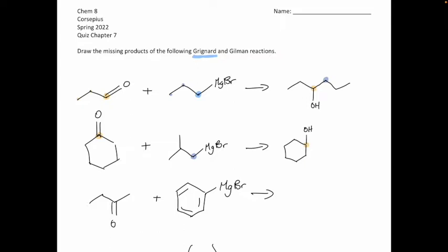Then I'm going to draw in my new bond. This would be the carbon from my Grignard, and then I put the additional 1, 2, 3 carbons on there. All right, and I can double check. 1, 2, 3, 4, 5, 6. I can see those in that ring. Cool.